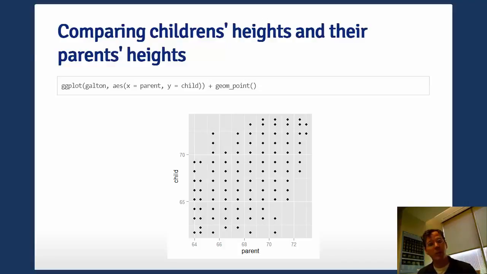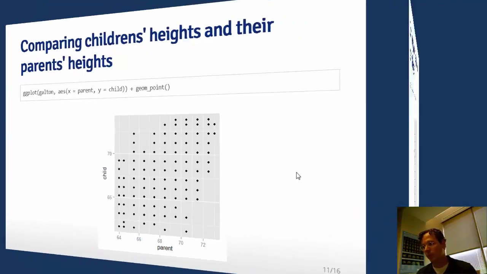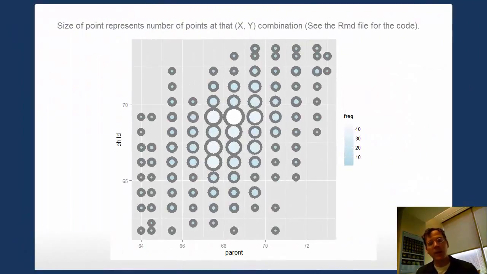There's lots of different paired parent-child xy values at each one of these specific points. Here I give a better plot where the size of the point represents the number of parent-child combinations at that particular xy location.